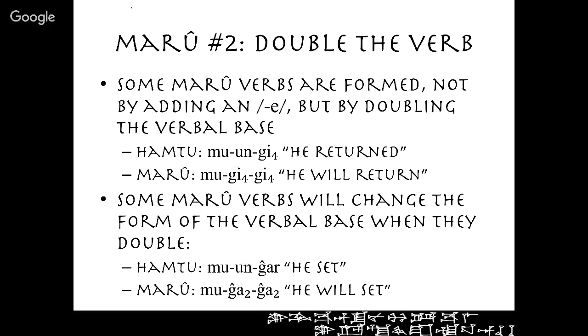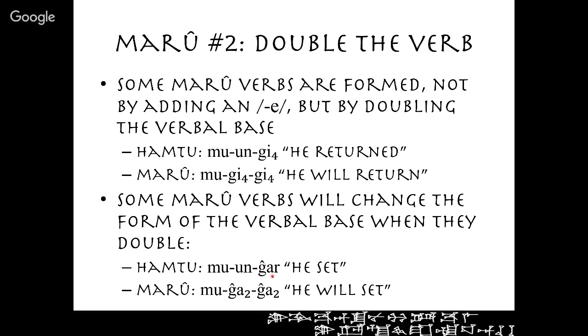But there are times that the Hamtu base will double. So the Marû base is the one that normally doubles. Sometimes the Hamtu base will double. But it will maintain the same form. This verbal base nyar will stay the same when it reduplicates in the Hamtu.